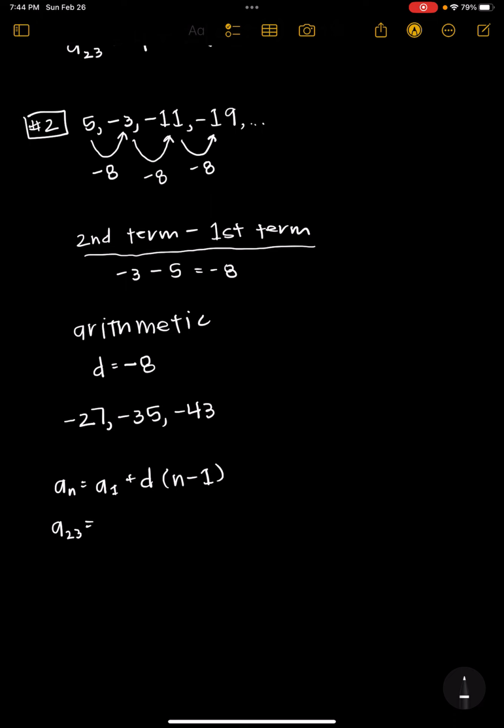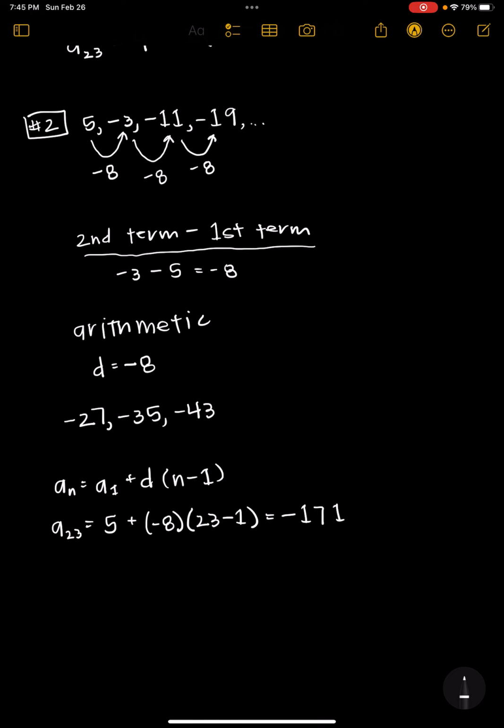So my first term in the sequence was 5 plus d, which is my common difference. That's -8. I'm going to just put it in parentheses. And then n minus 1, the n, because we're trying to find the 23rd term, should be 23. Okay, now we're going to plug that into a calculator, and I get -171, which means my 23rd term is -171.